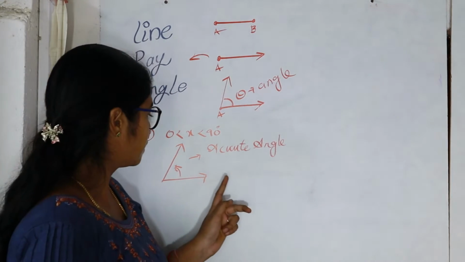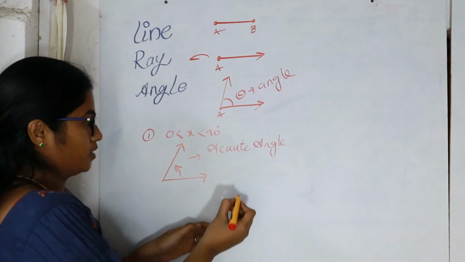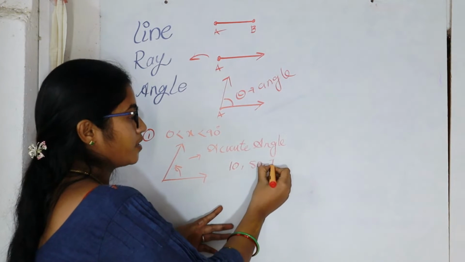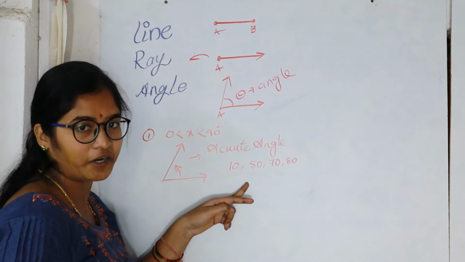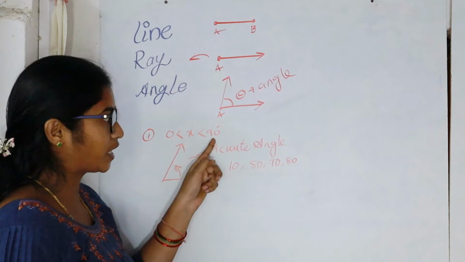The acute angle may be 10 degrees, 50 degrees, 70 degrees, 80 degrees. It is less than 90 degrees, so the acute angle lies between 0 and 90 degrees.